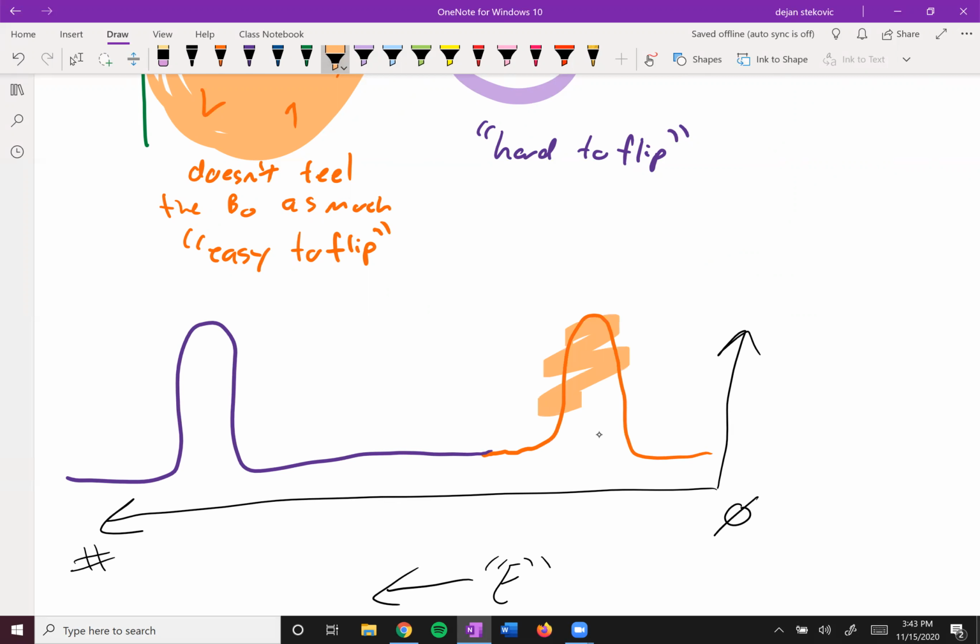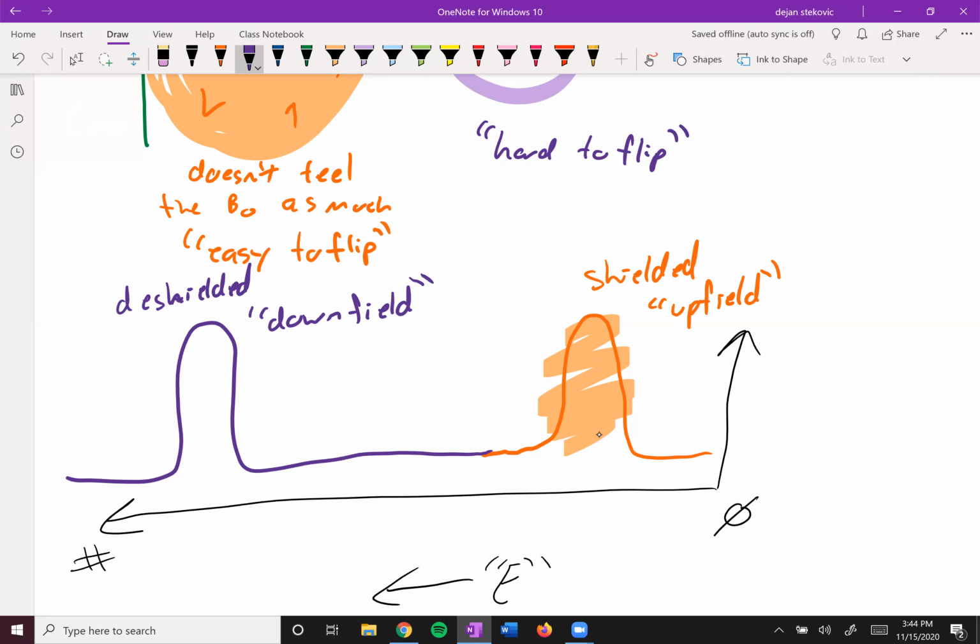This one is easy to flip, so it's low energy. We call this the shielded portion of our NMR, or we call this upfield. And then on this other side, we have the deshielded portion, or downfield.